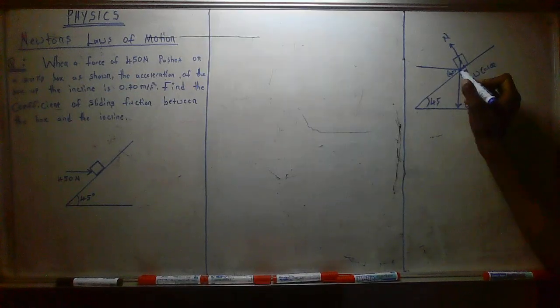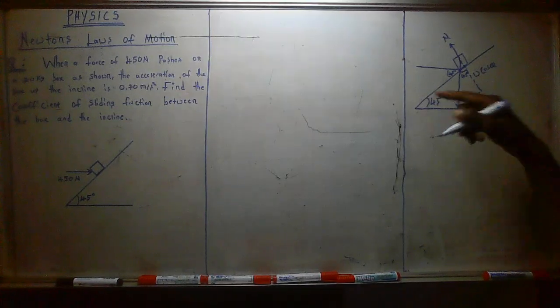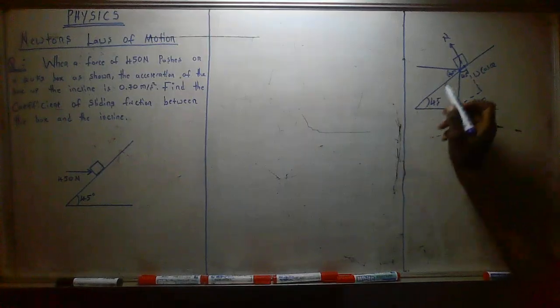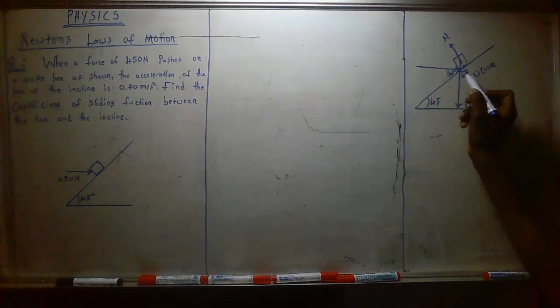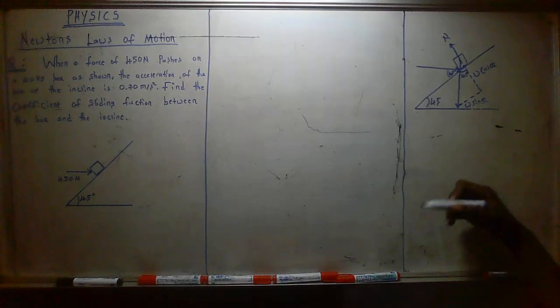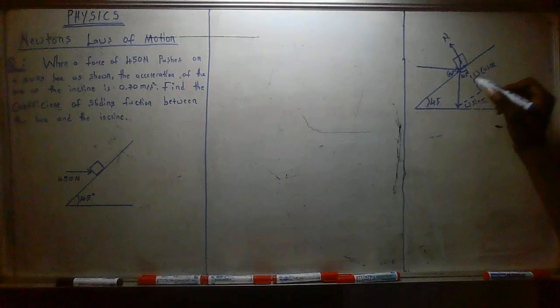If this force was acting in this parallel direction, then we would have taken the entire force as it is. But in this case, we need to find the component of this force which is parallel to this incline. How do we find that? In this case, we are saying the one which is parallel.